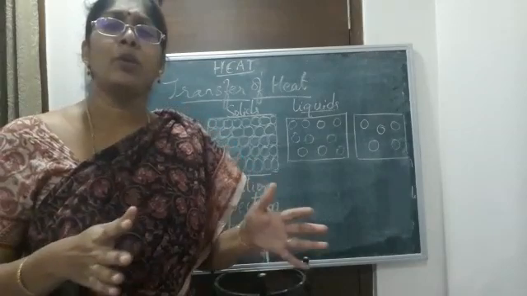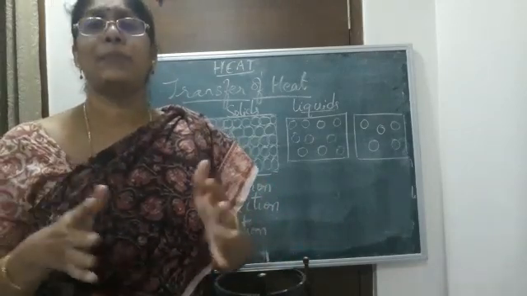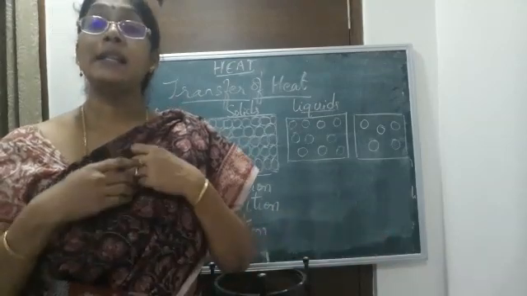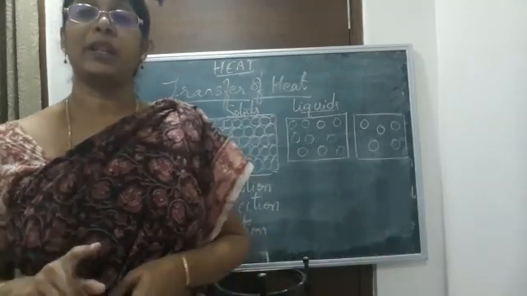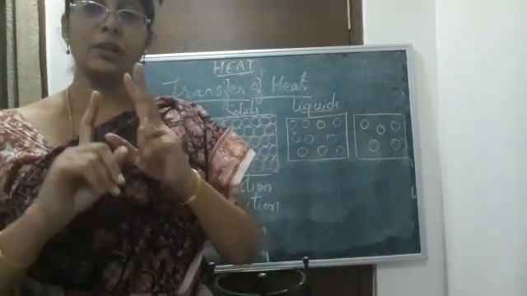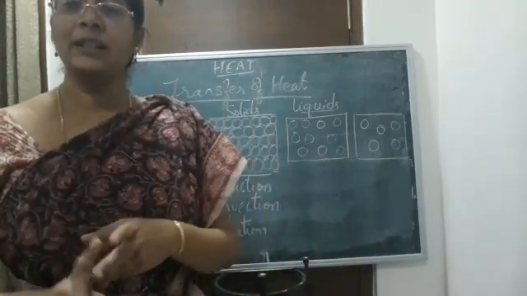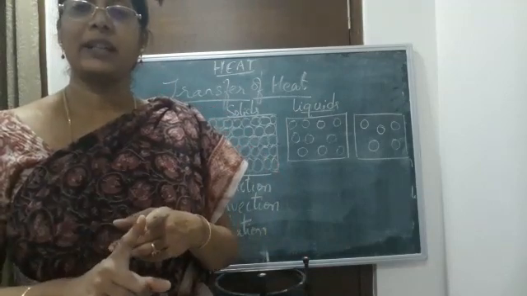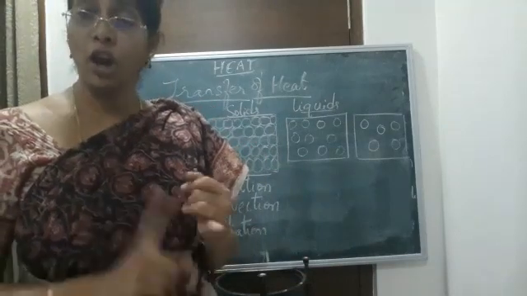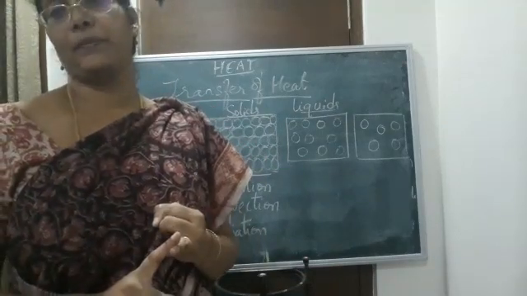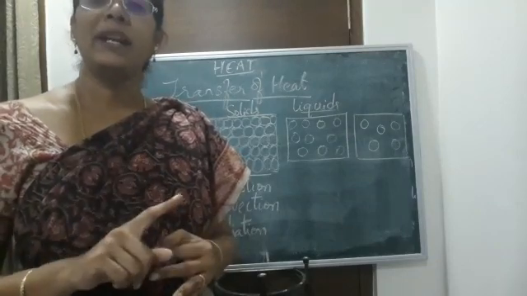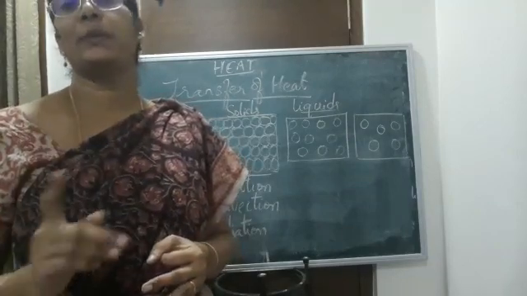Suppose I have both the objects at the same temperature, can transfer of heat take place? No. Unless there is a difference between the two temperatures, heat transfer cannot take place. So two conditions for heat transfer. The first condition is that transfer of heat takes place only from a hot object to a cold object. And if heat transfer has to take place, there should be a difference in temperature between the two.